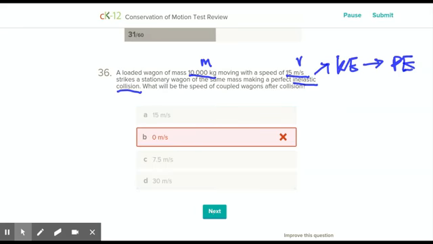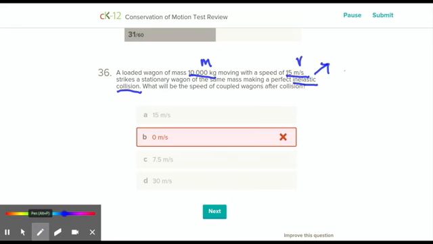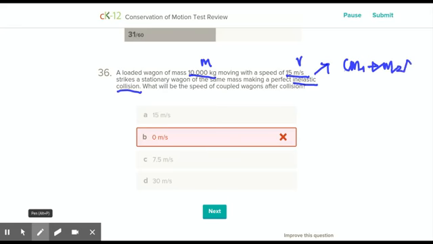0. So perfectly inelastic collision means they're going to stick together. That's what it means. Okay? So that means they're going to stick together and move at the same speed. So that will be m1 plus m2. Okay.